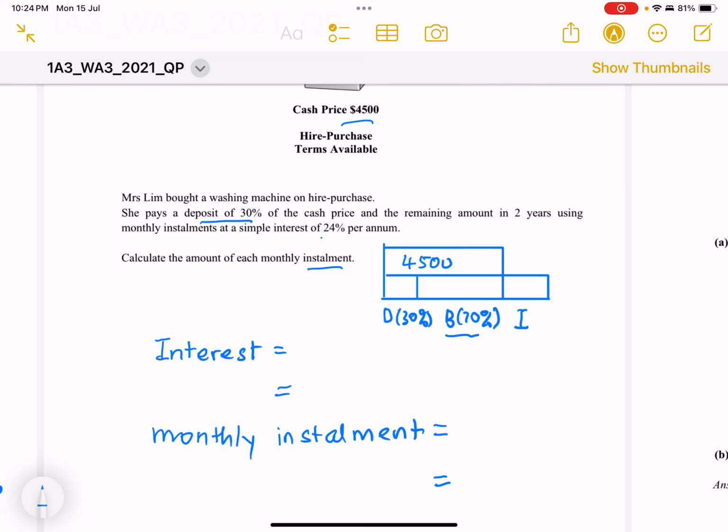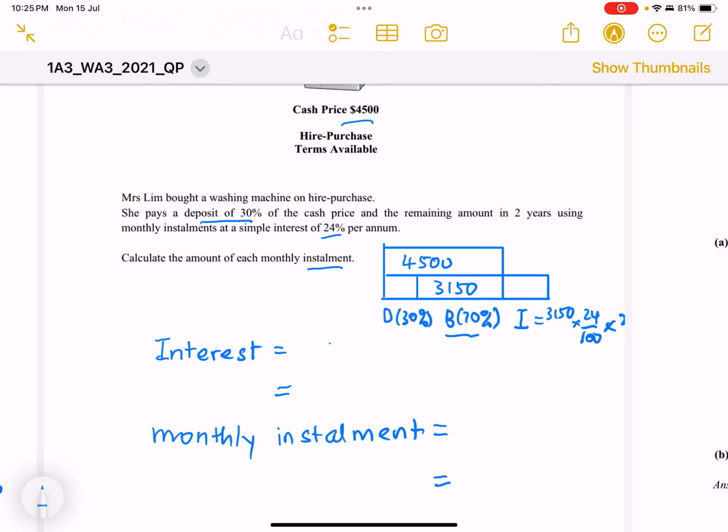The interest is at 24%, so the principal is 70%, which we can calculate to 3150. So the interest is on this 3150 multiplied by the rate, which is 24/100, multiplied by 2 years.